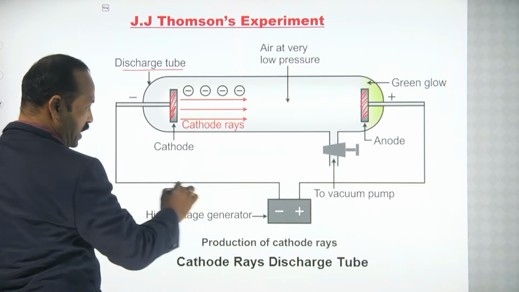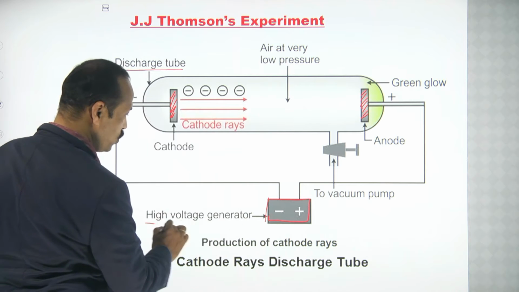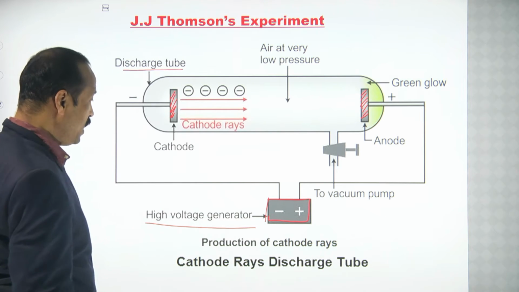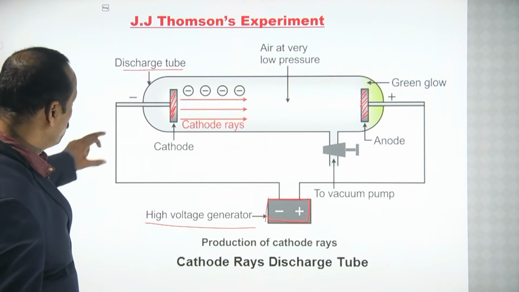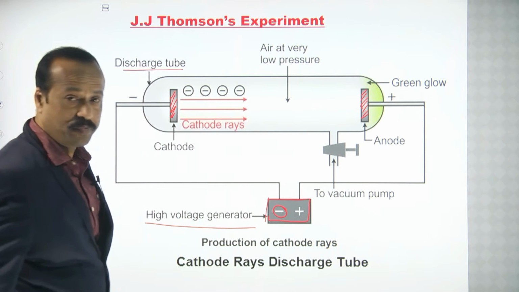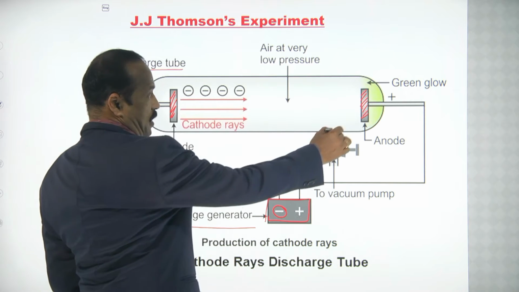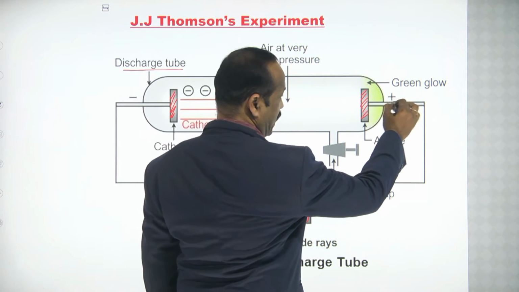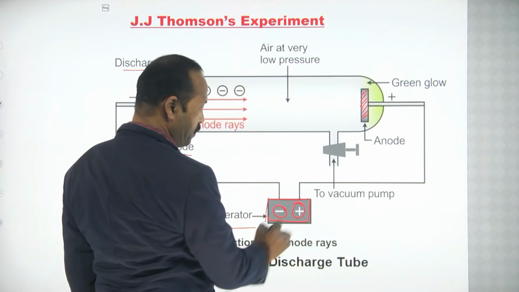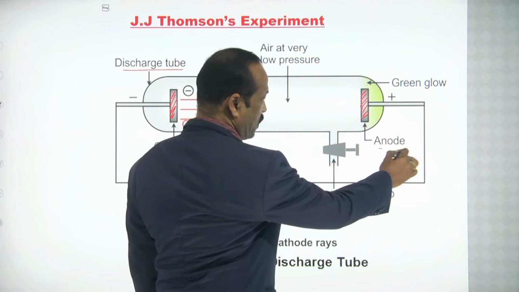These electrodes are connected to a high voltage source of electricity. The plate connected to the negative terminal of the battery is known as the cathode, and the electrode connected to the positive terminal of the source is called the anode, right?